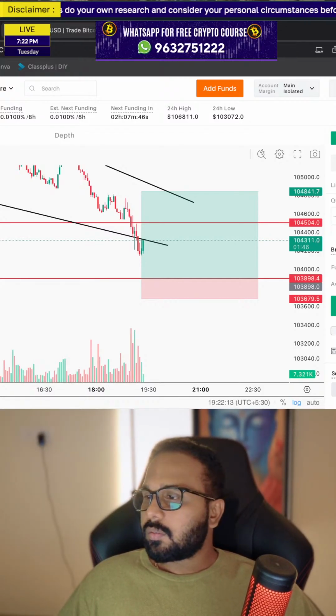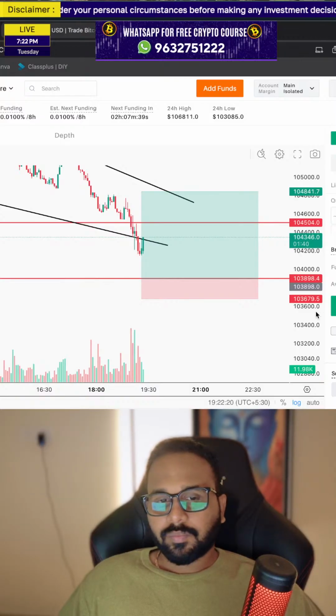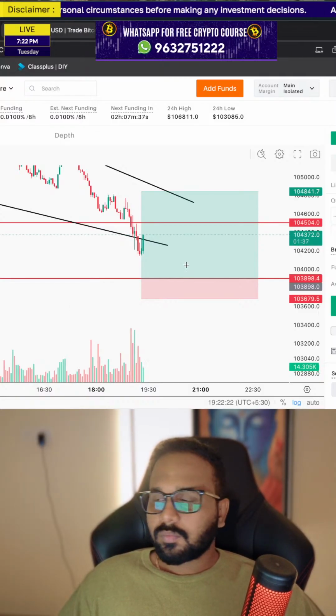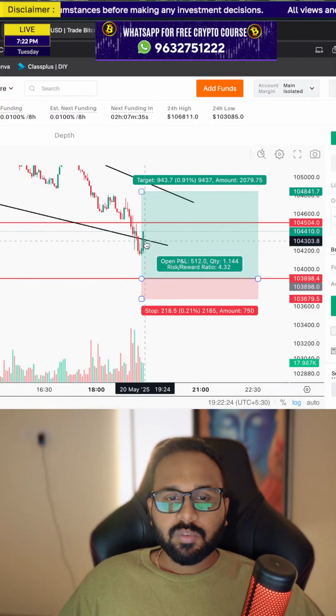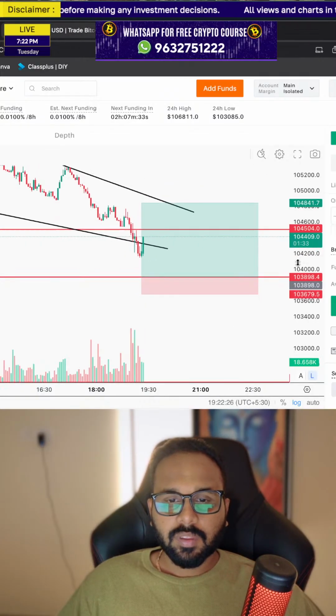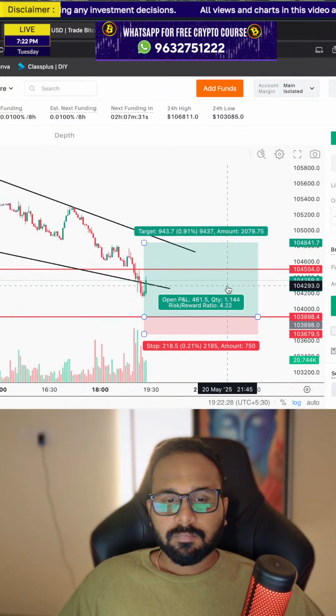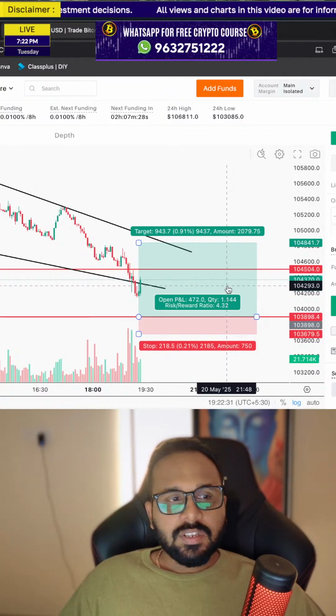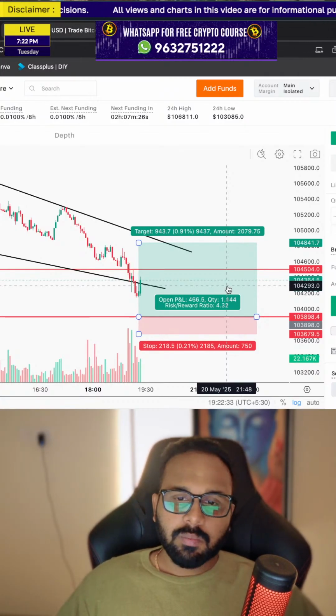Do you see? Showing some strong strength here. We'll see another one or two candles, how the market performs.